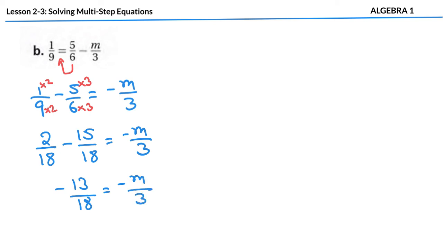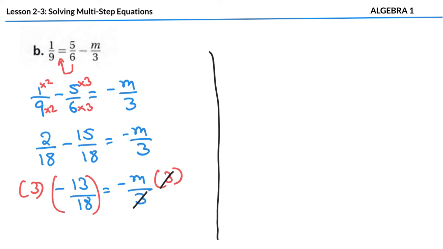Now I want to remove the 3 that is in the denominator of m. I multiply by 3 on both sides. Of course this is in the bracket. So that this 3 cancels with this 3 and we are left with, over here we can simplify this.